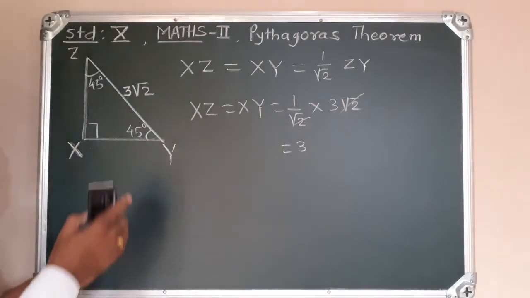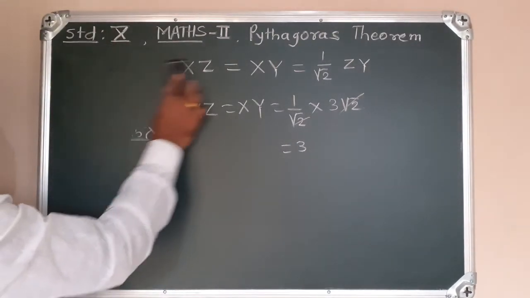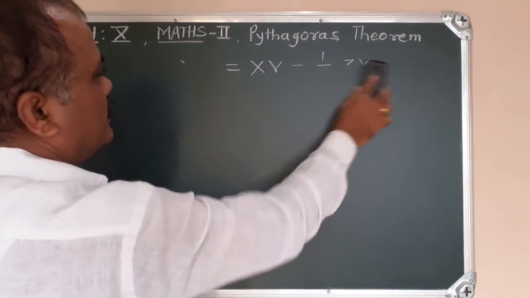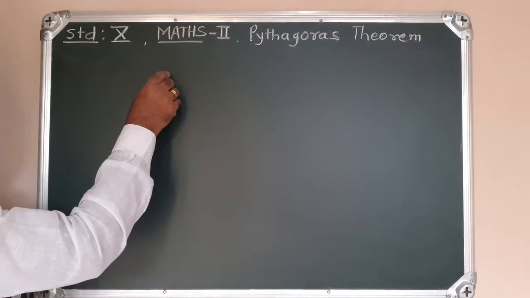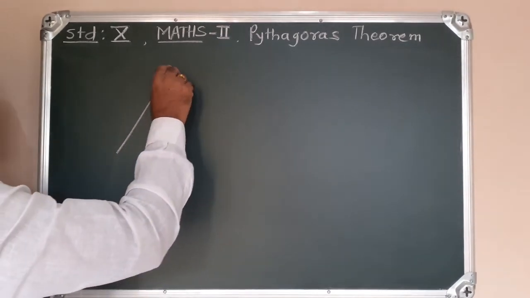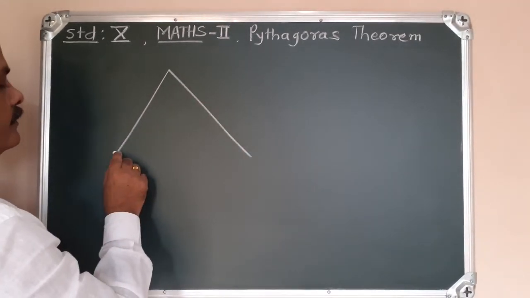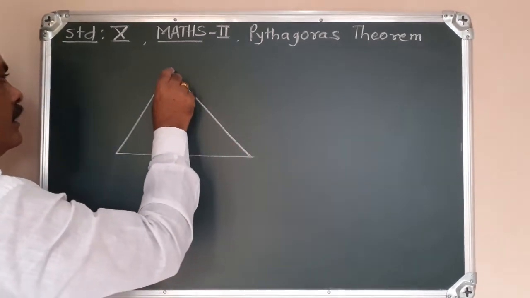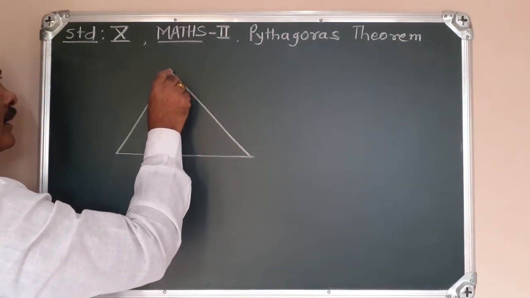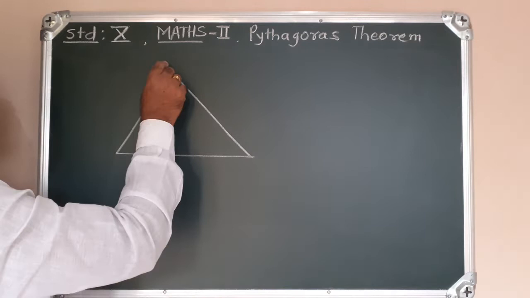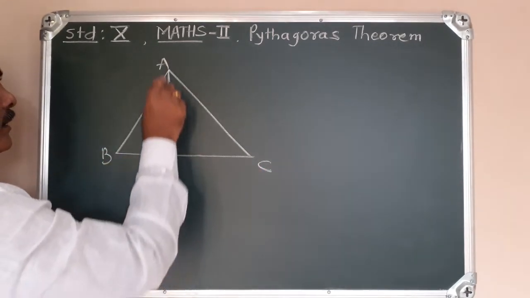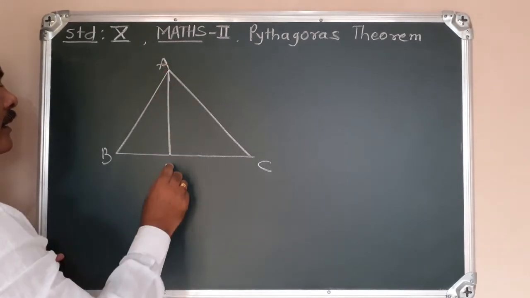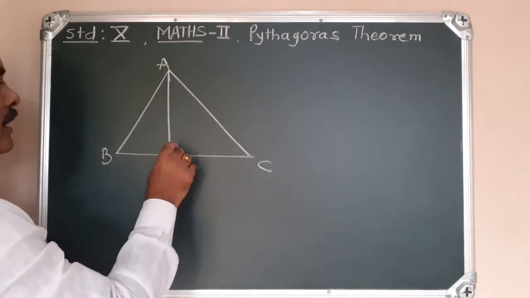Now another example, there is a figure like this. Triangle ABC. In a triangle ABC, this AD is perpendicular to BC.